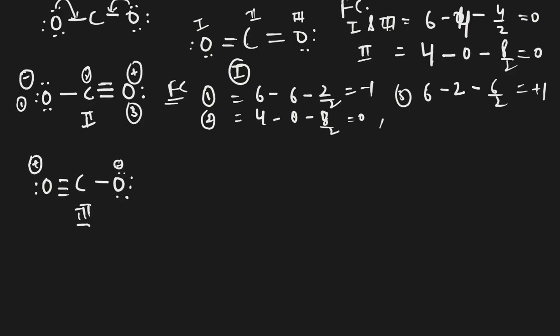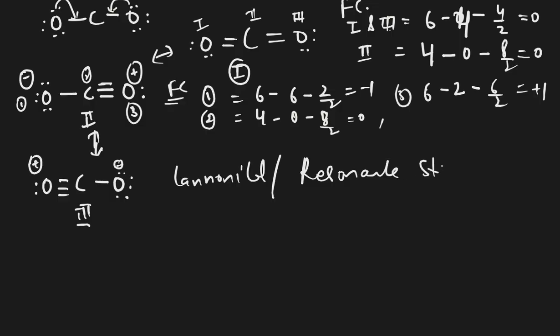So these structures all have the same energy. So these three structures are the canonical or resonance structures of carbon dioxide. Okay, I hope this is clear.